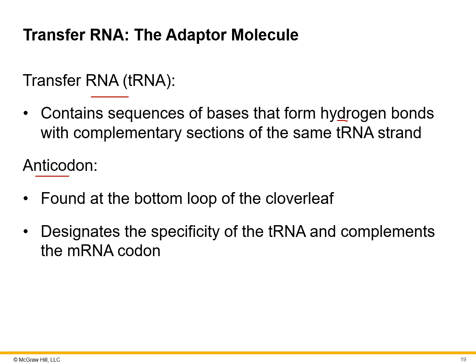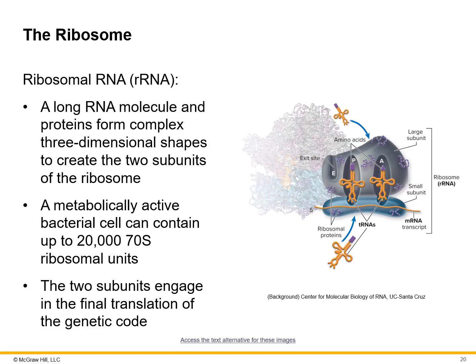Well, the anticodon is found on the tRNA, and it complements the messenger RNA. So it would go along with it. That's how we match up the tRNA to the messenger RNA. So the right amino acid is coming in, the anticodon attaching to the codon.